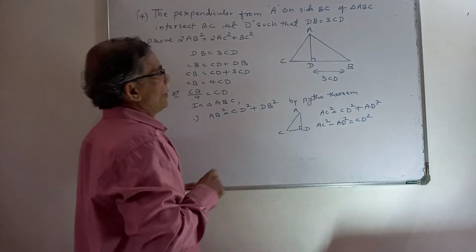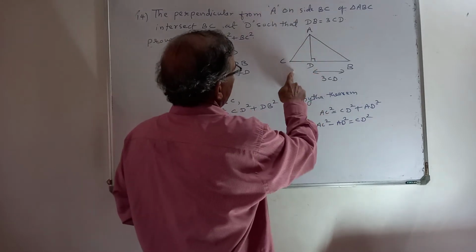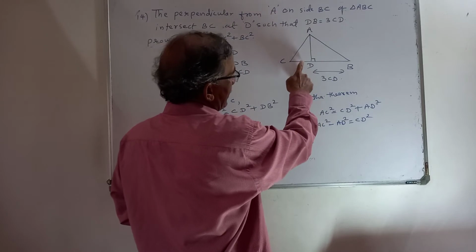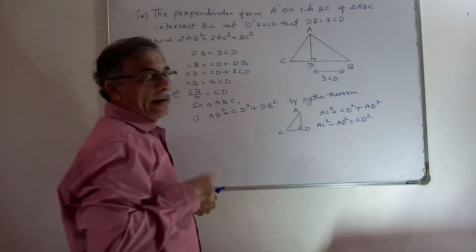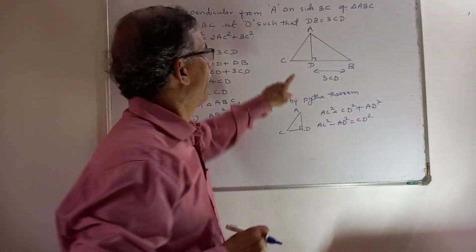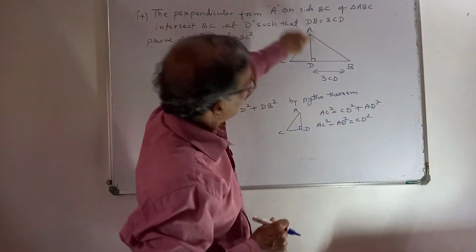In a right angle triangle, to calculate one of the sides containing the right angle, it is square of hypotenuse minus square of the second side.